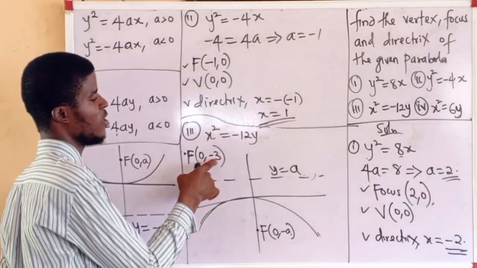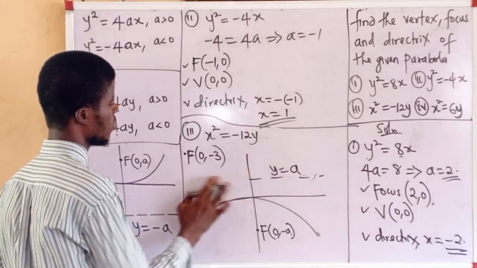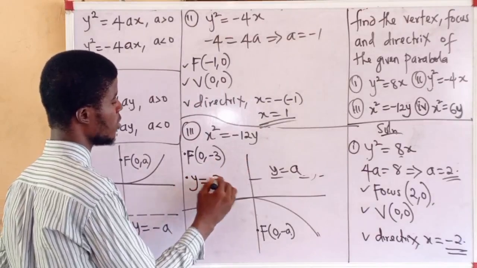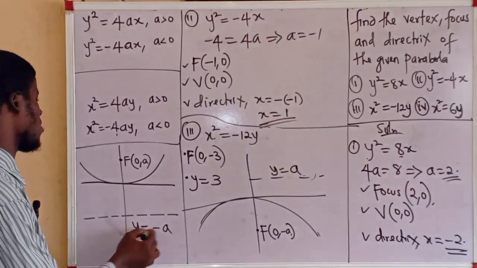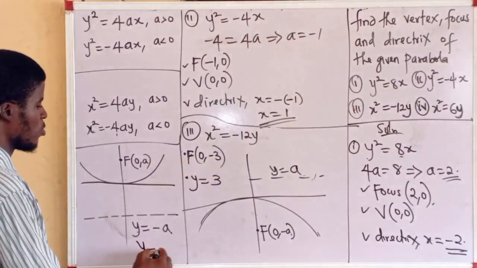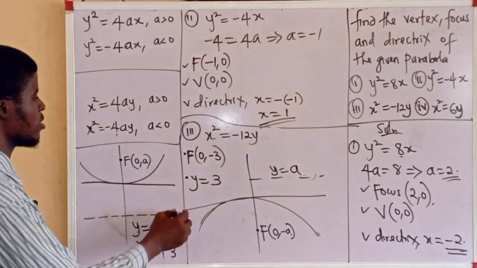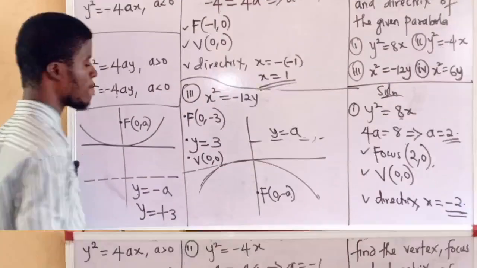We are taking a positive a here. The directrix will have the equation y equal to 3. Yes, it is 3. The standard form says y equal to minus a, where a is minus 3, so now y equal to minus of minus 3. That's plus 3. So this is the directrix. The vertex is still at the origin, 0, comma 0.